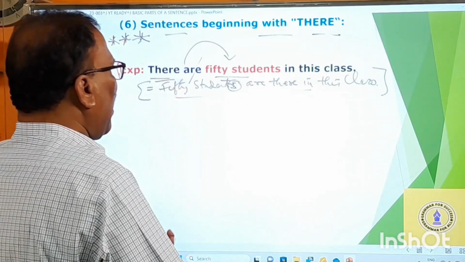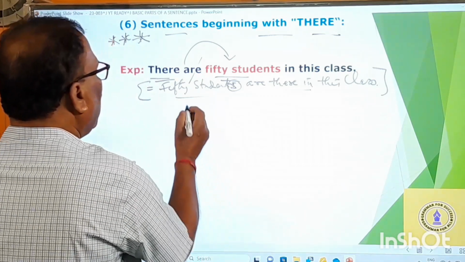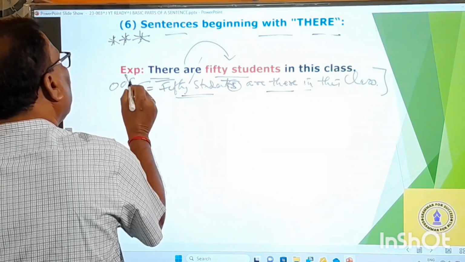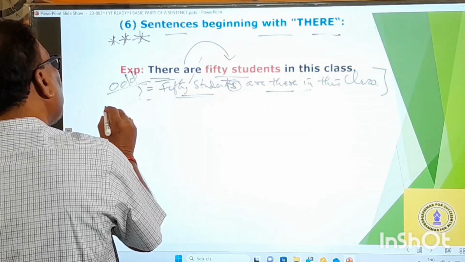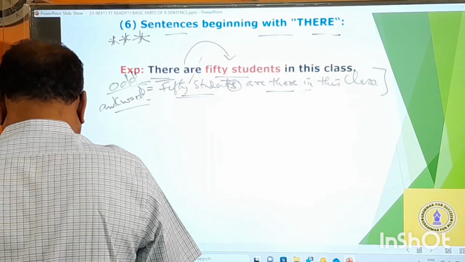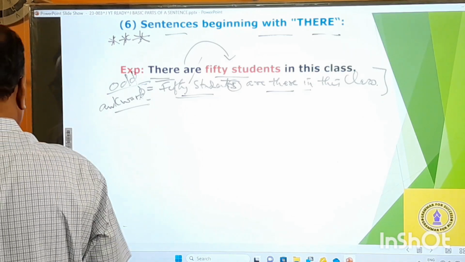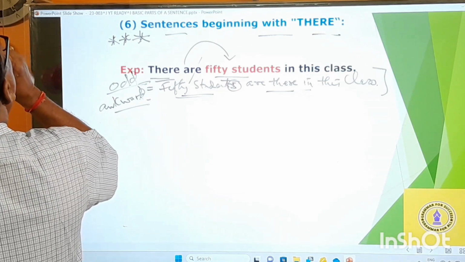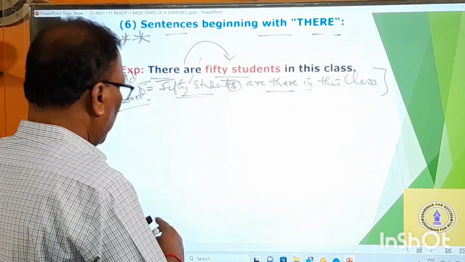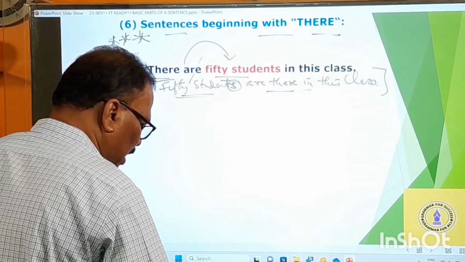But here you see that if you say this sentence, it looks somewhat odd, and it also looks somewhat awkward. They look odd and awkward. Therefore, they are to be avoided.